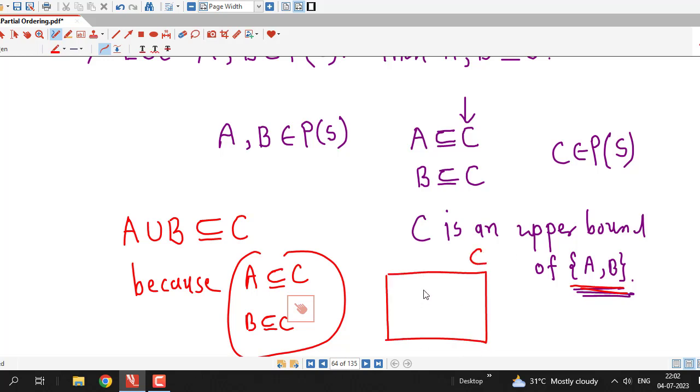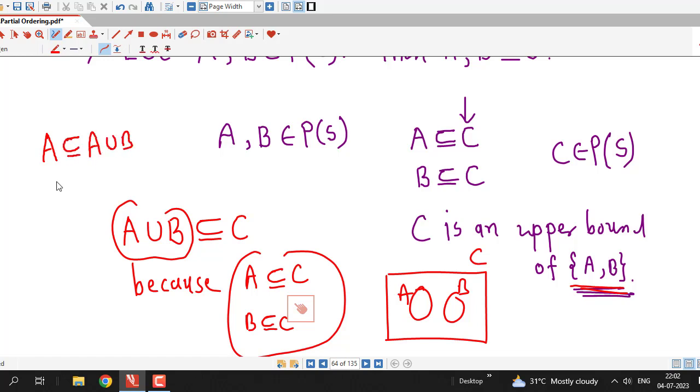Suppose this is set A and here I have set B. Then if I take their union, A union B is also a subset of C, and it is also clear that A and B are subsets of A union B.